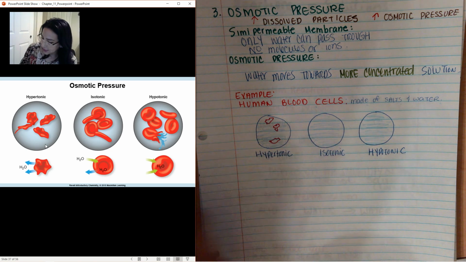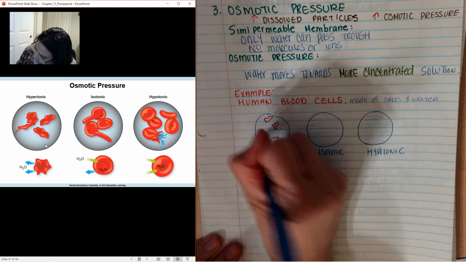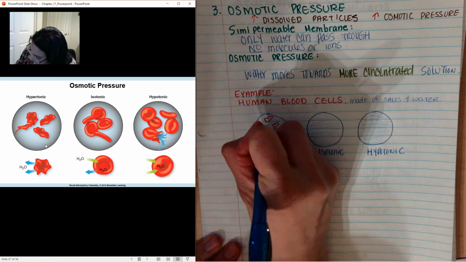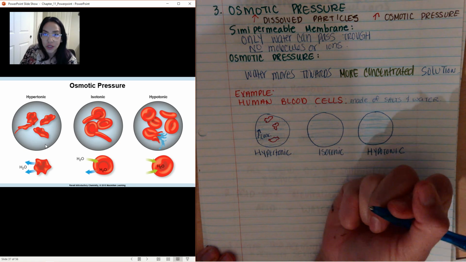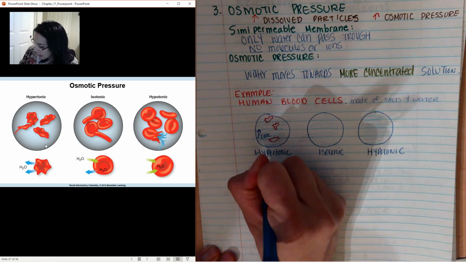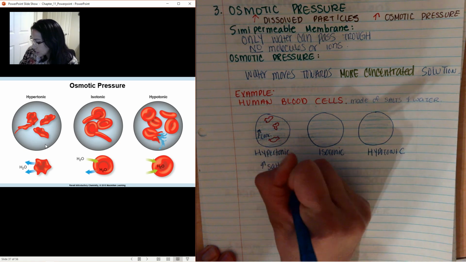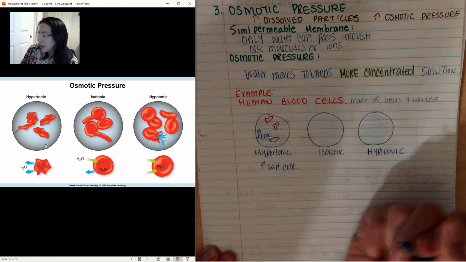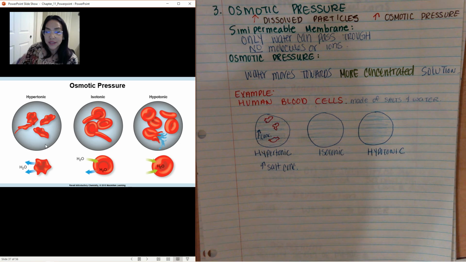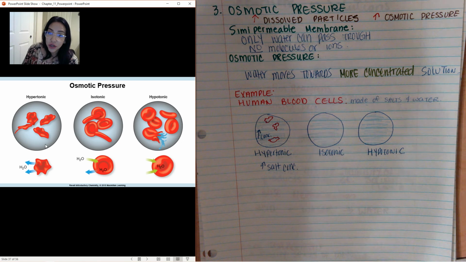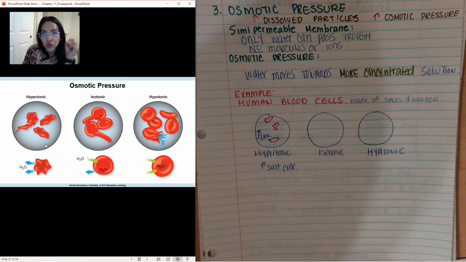The reason this happened is because the outside has a high concentration of salts, and that's going to cause the water from the cells to seep out in order to try to reduce that concentration. And in turn, the cells shrivel up.